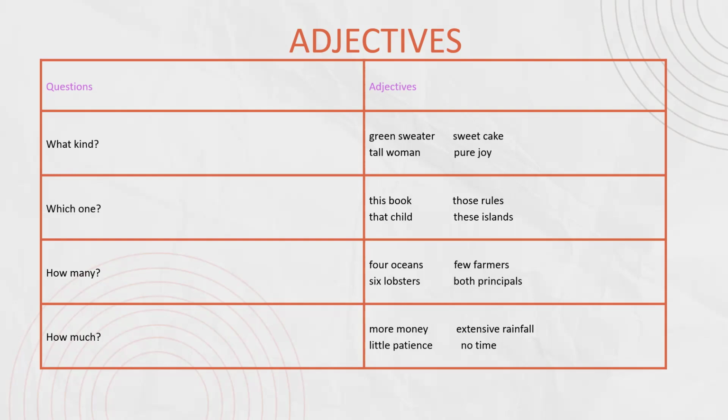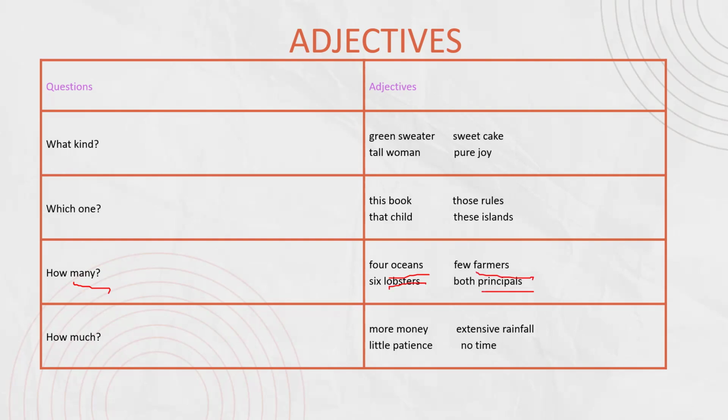Now, another question that we ask, how many? Okay, again, the word many, when we're talking about count nouns, like oceans, lobsters, farmers, principals.